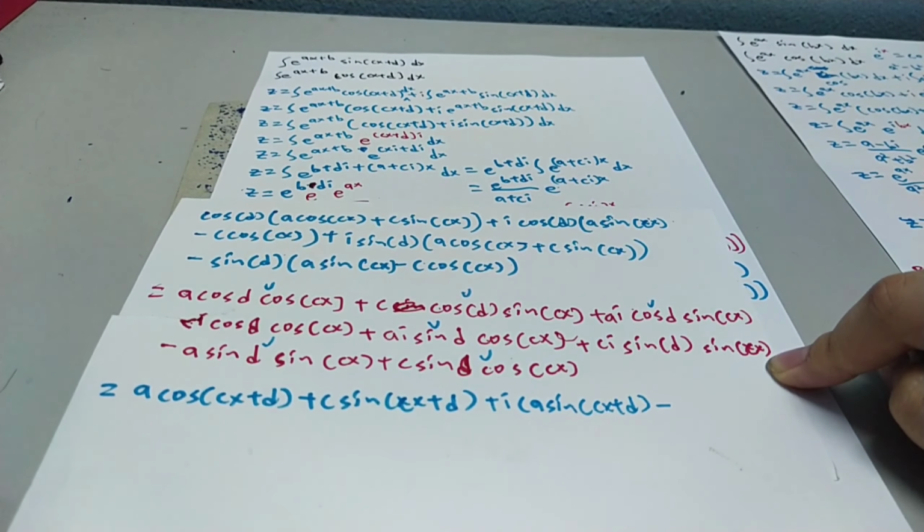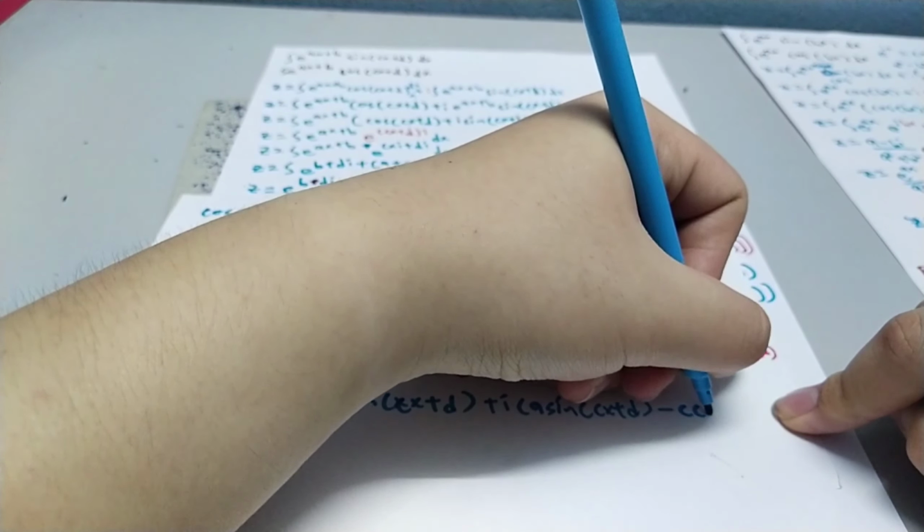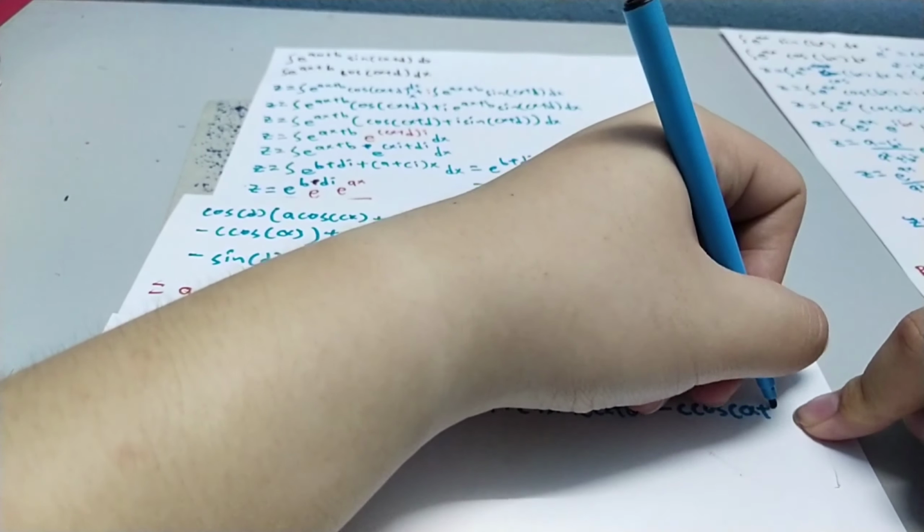That's the same as cosine of cx plus d. So c times cosine of cx plus d.